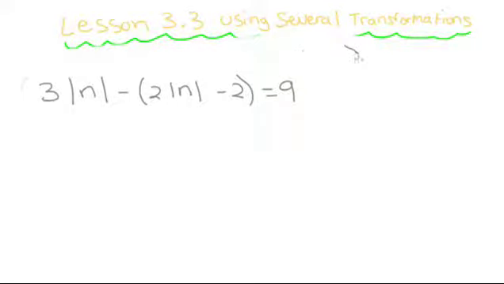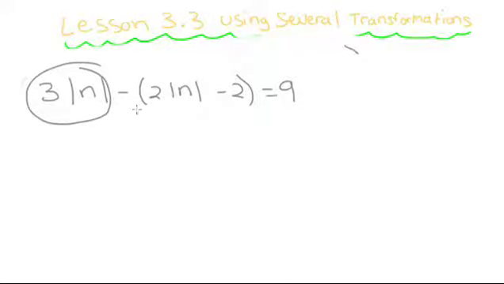Anyway, remember, absolute value is the distance from a number to 0. So it's always positive. Even if you plug in a negative number here, it will be positive. If you plug in a positive number, you won't really change anything. So let's isolate the absolute values stuff because this whole thing is one term.